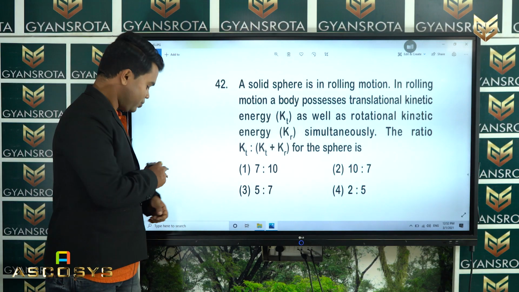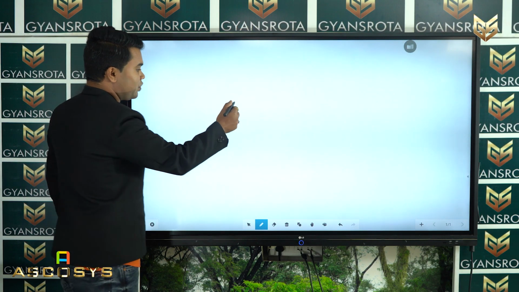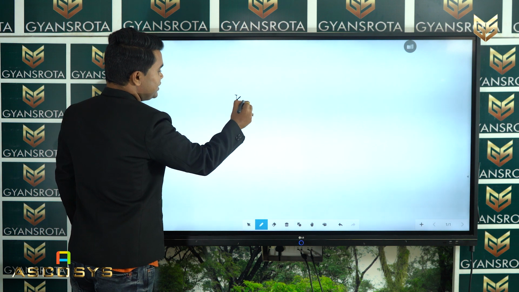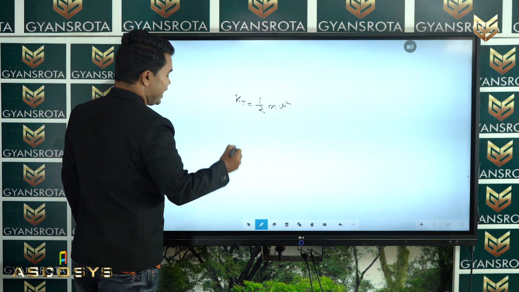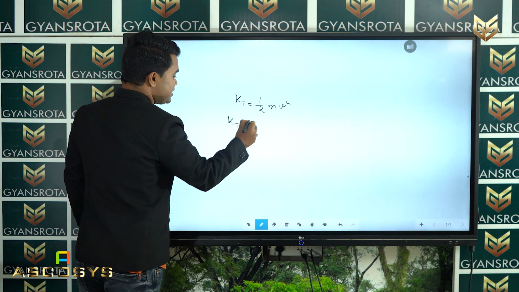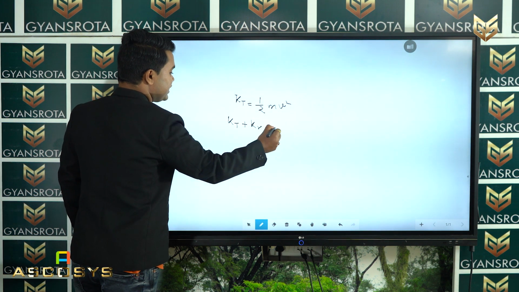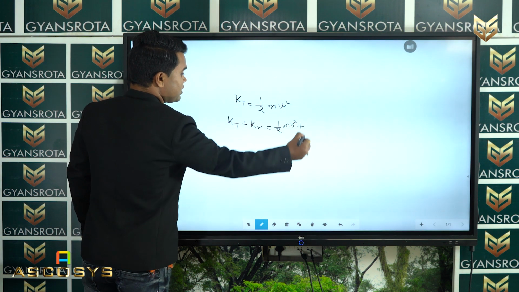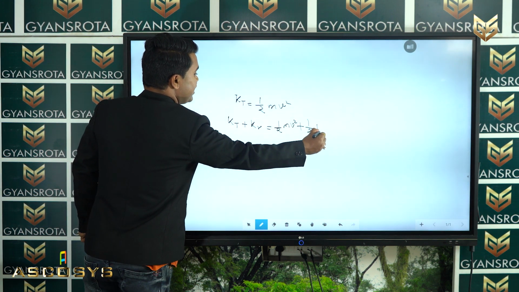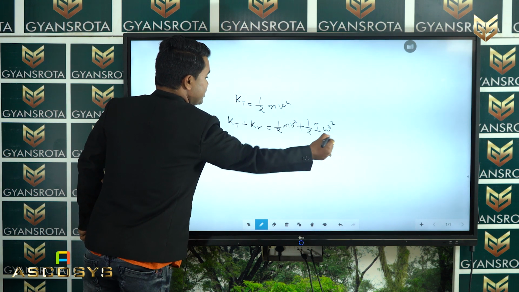So you have to see this one. You have to use this formula. We know KT is equal to half mv square, and KT plus KR, that is rotational kinetic energy, half mv square plus half I omega square, right?